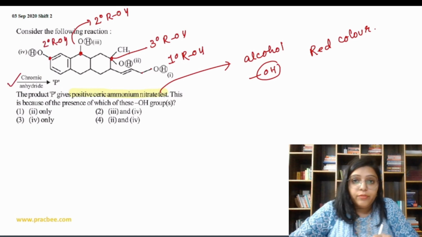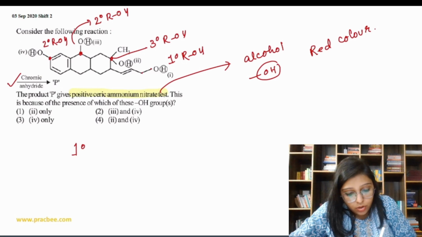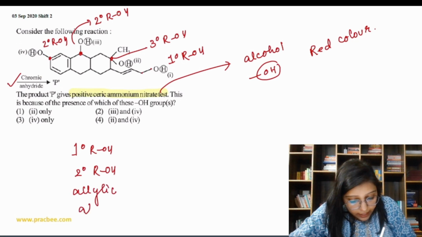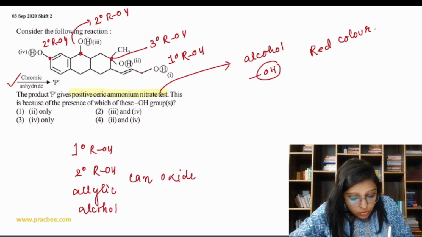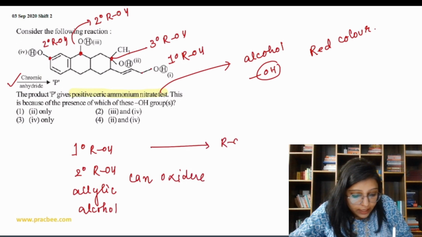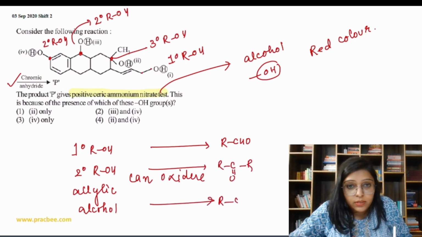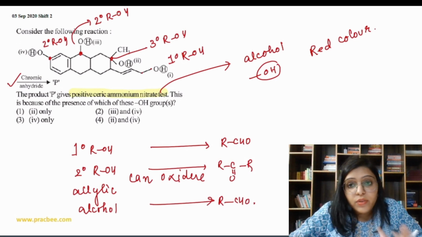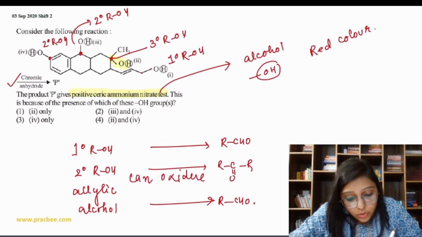In chromic anhydride, 1 degree alcohol, 2 degree alcohol, and allylic alcohol can oxidize. 1 degree alcohol gives aldehyde, 2 degree alcohol gives ketone, and allylic also gives aldehyde. 3 degree alcohol does not oxidize, so the 3 degree alcohol is free over here.